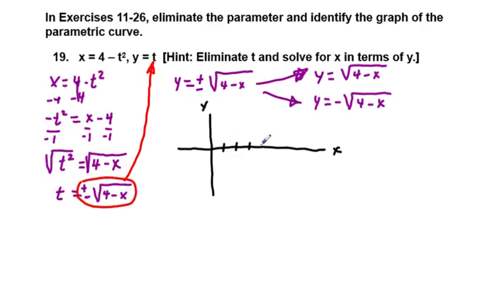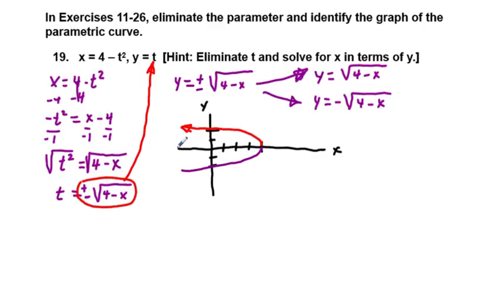So I draw off 4 units to the right. And then the top function here is going to come something like this. And the bottom function, I'm going to draw in a different color, is going to come like this. So that's generally what it's going to look like.